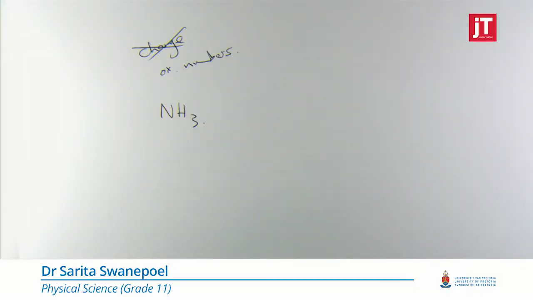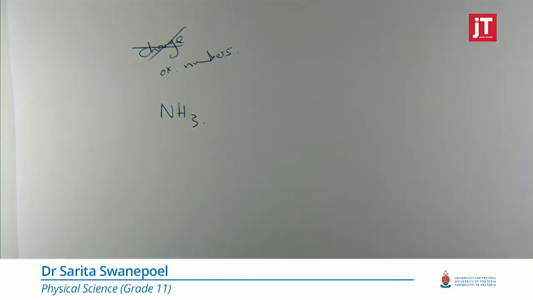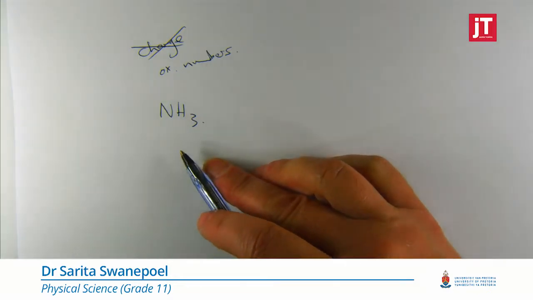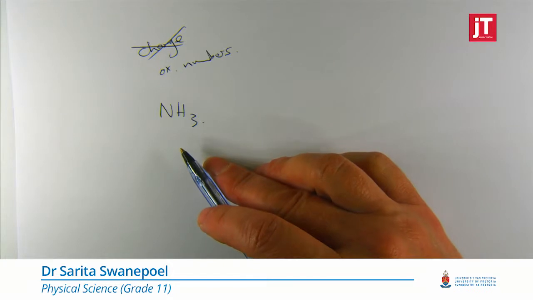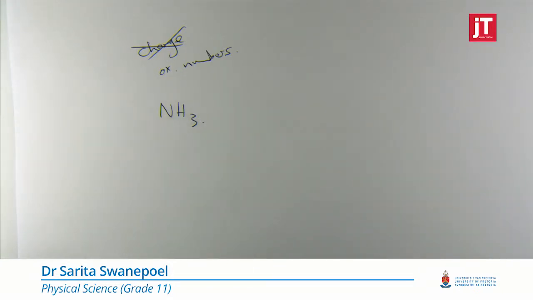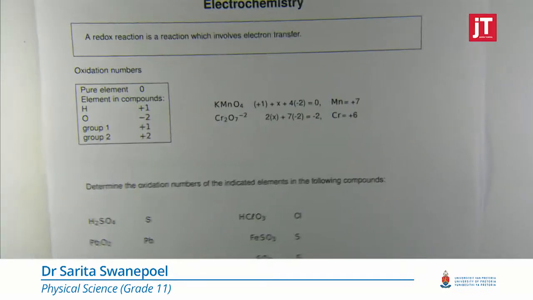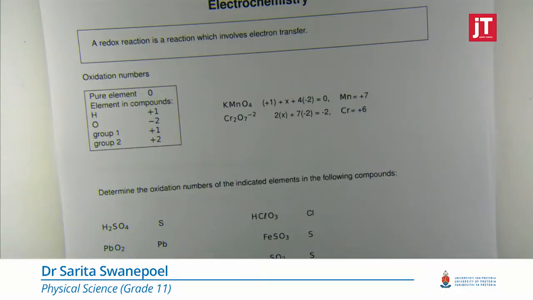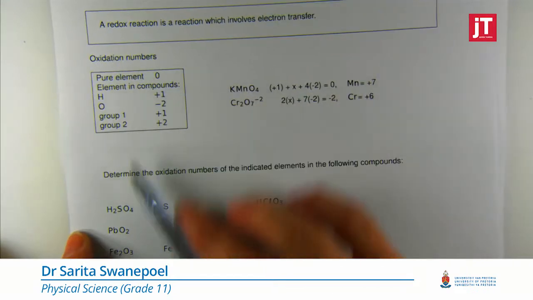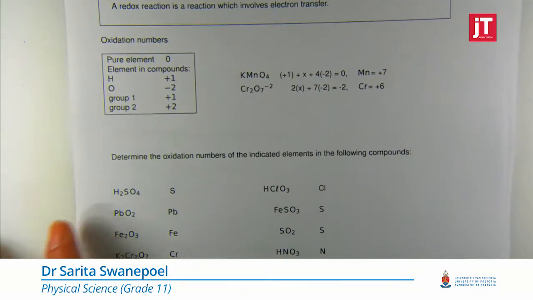If it's an ionic substance, it's the charge, right? But if it's a covalent substance, it's sort of what would have been the charge if this one was an ionic compound. So if you look on your very first page there, the first thing we're going to do is we are going to practice assigning those oxidation numbers.